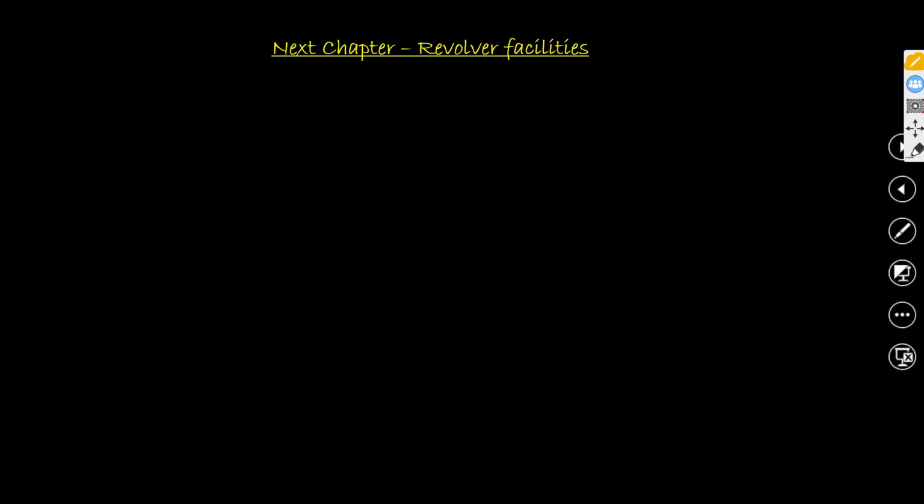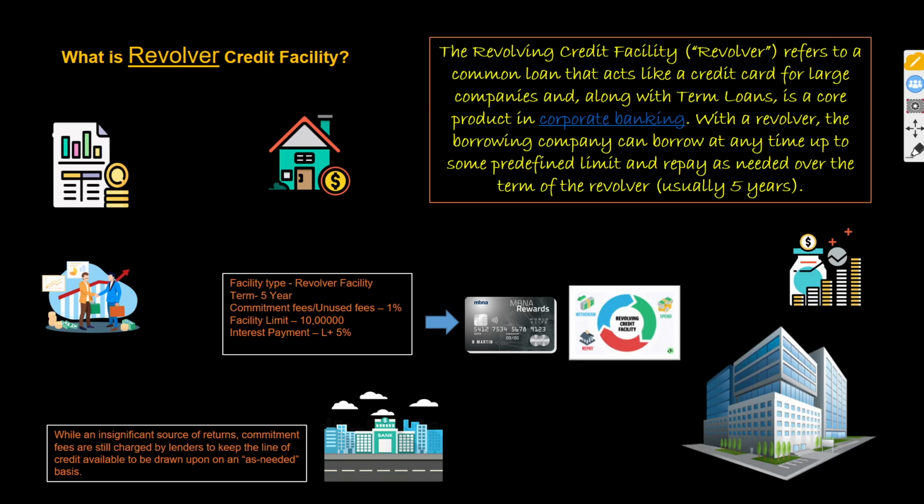What exactly is it? The revolver facility is a credit facility. Revolver means you can reuse it. It refers to a common loan that acts like a credit card for large companies, and even investors, you can say.